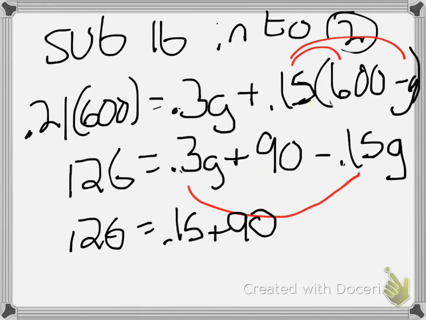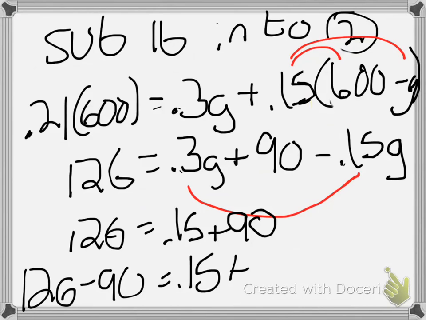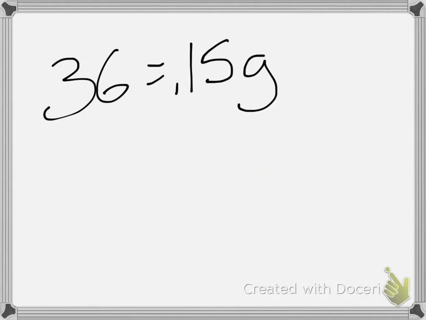Then you subtract 90 from both sides, and that turns to 36 equals 0.15G.